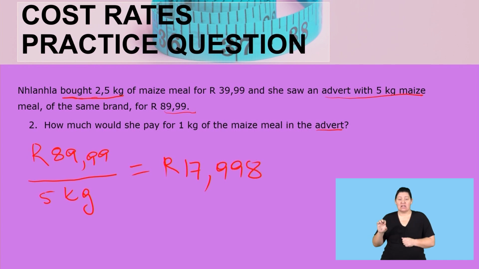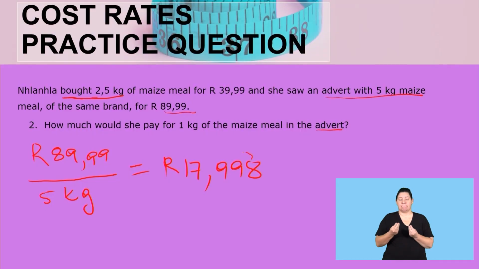998. Remember, in South African context, we need to round off to 2 decimal places. So if we round this off to 2 decimal places, this 8 will cause the 9 to go up and become a 10. And the other 9 will also go up, so all in all it will be rounded off to 100 because it's 99.